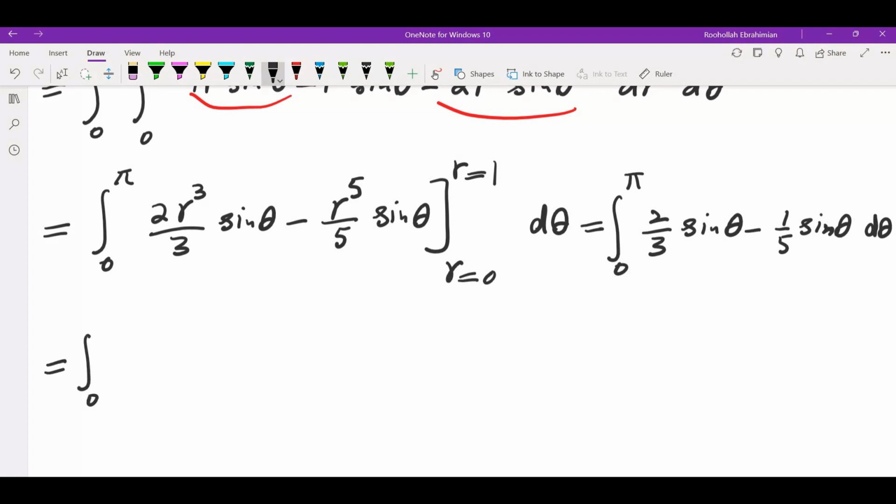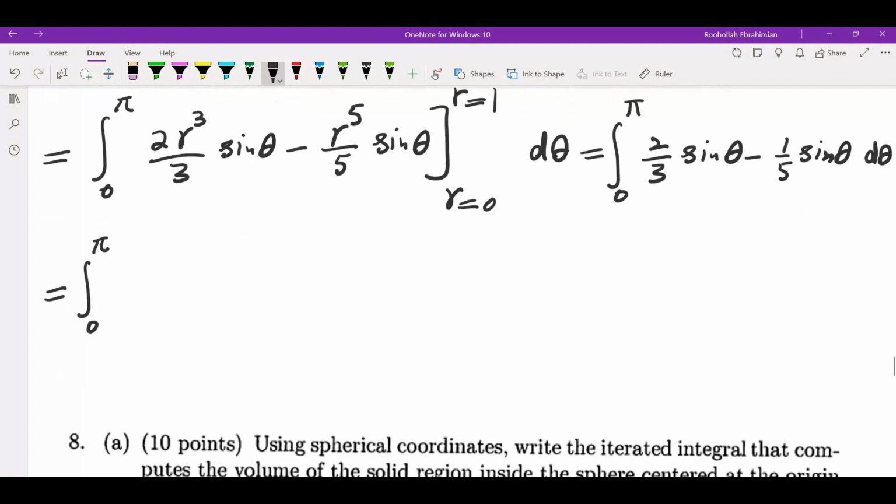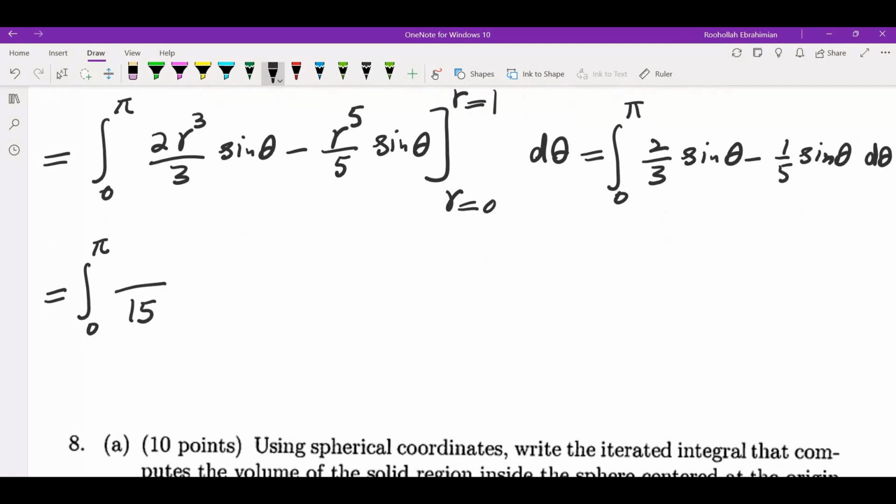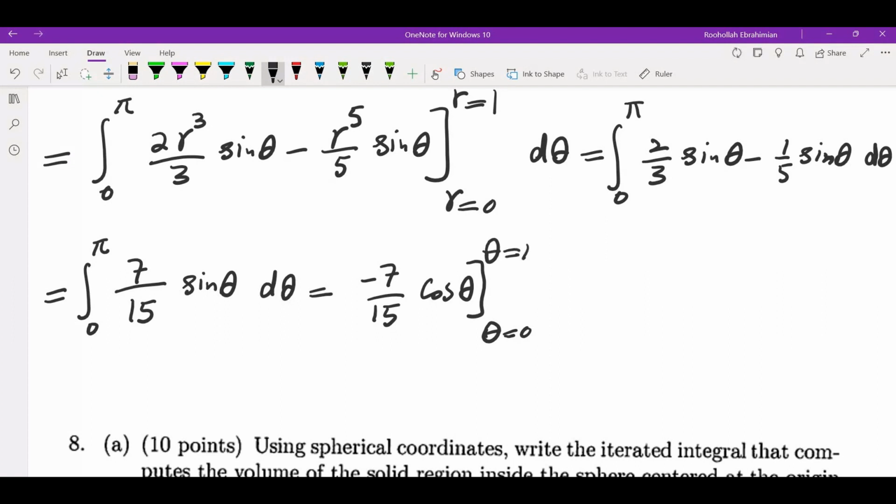Taking the common denominator, we get 15. We get 10 minus 3, that's 7 sine of theta d theta. So this is negative 7 over 15 cosine of theta, theta from 0 to pi. When we plug in pi, we get 7 over 15. And when we plug in 0, we get negative 7 over 15, which gives 14 over 15.